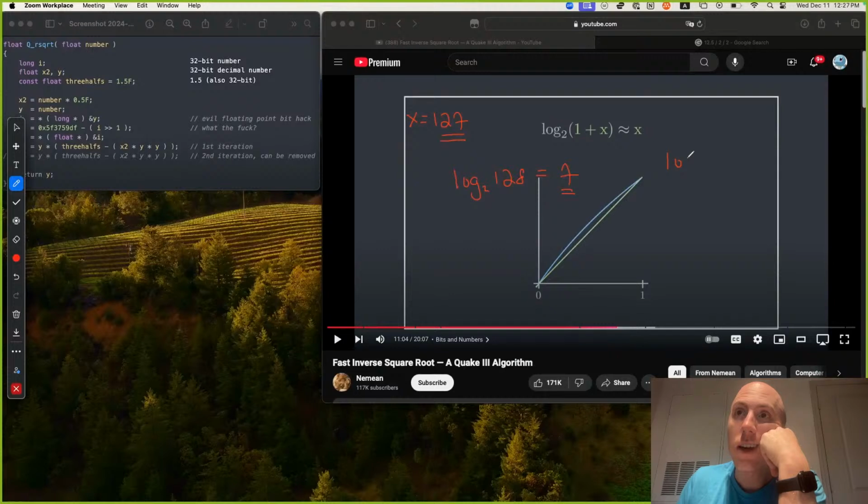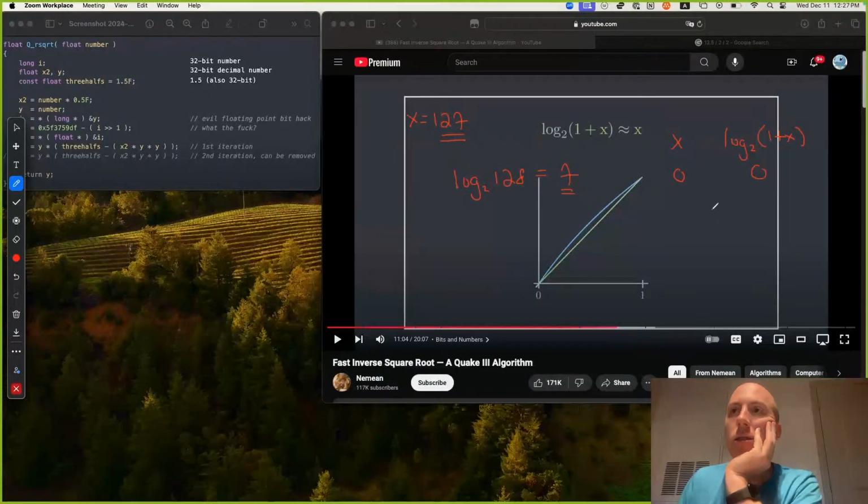And then I guess this is x, and we'll say log base 2 of 1 plus x. If you put in 0, then you get out 0. If you put in 1, you get 1. If you put in 2, you get 1.